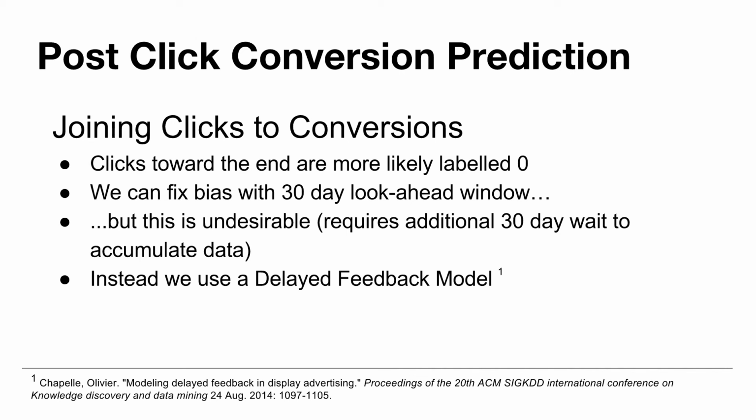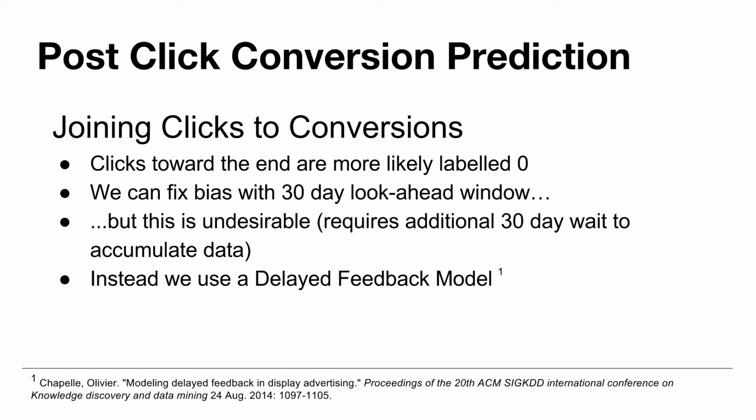Well, we can fix this bias by doing a 30-day look-ahead window. So we could say, okay, every click has to be given a fair 30 days to convert to label it a 1 or a 0. But this is undesirable. First of all, that means we have a 30-day delay in the data that we're allowed to train over. And that's particularly annoying because when a new customer signs on, they want to get going right away.